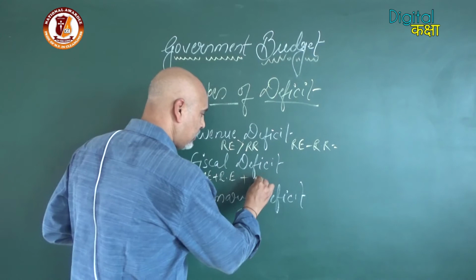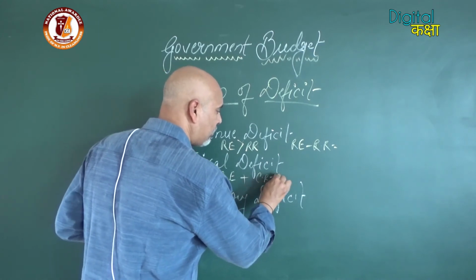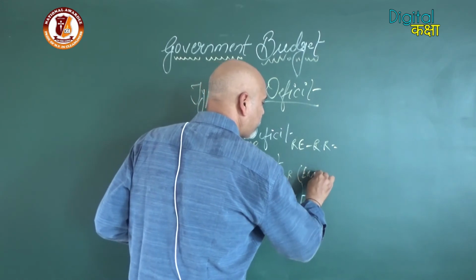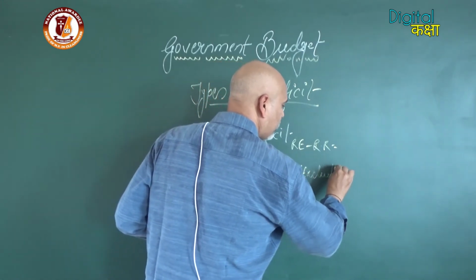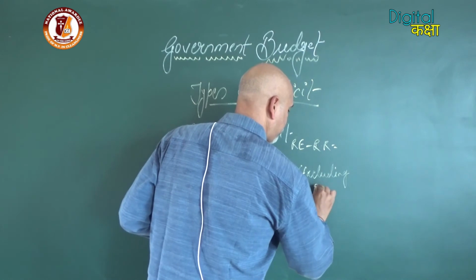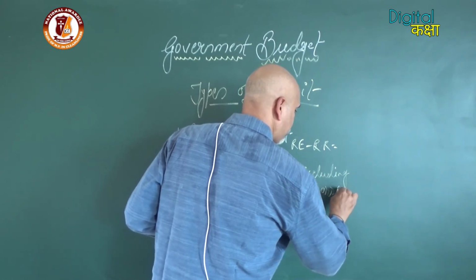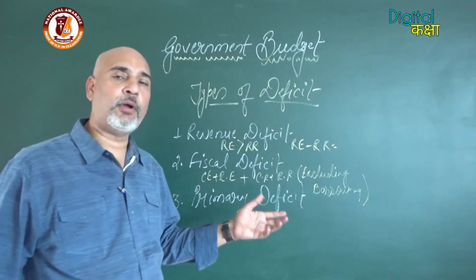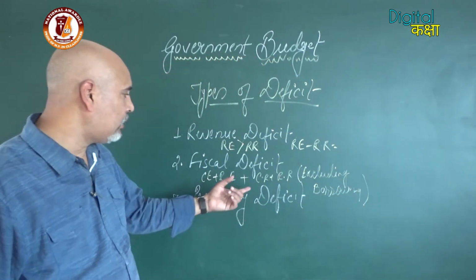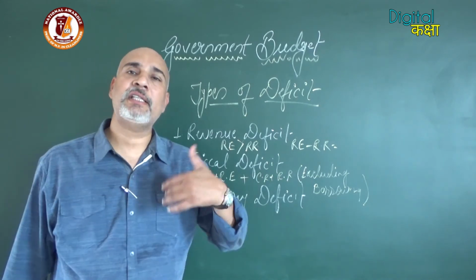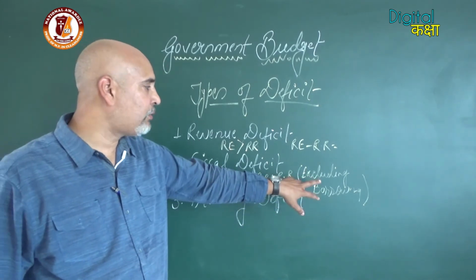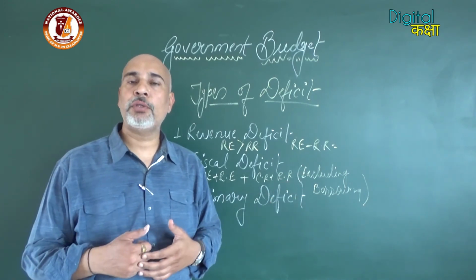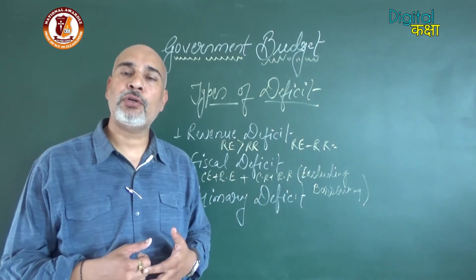That is capital receipt plus revenue receipt excluding borrowing. Borrowing is also a capital receipt, but sometimes the capital receipt disinvestment also takes part. So we have to exclude borrowing. So it will show the actual deficit of the government.